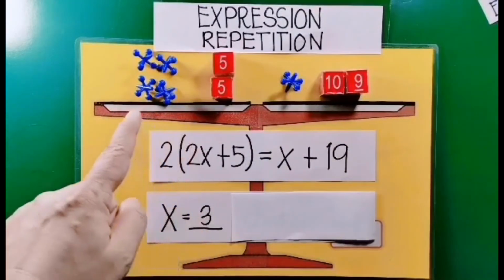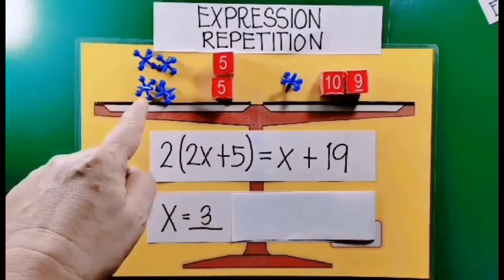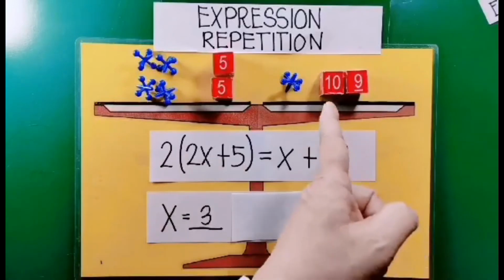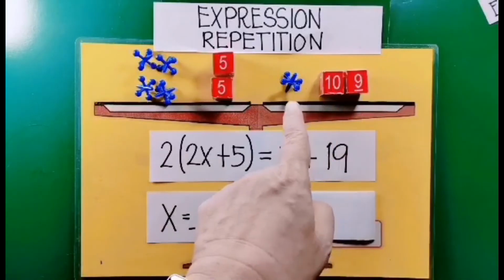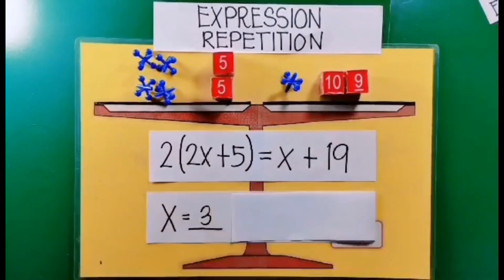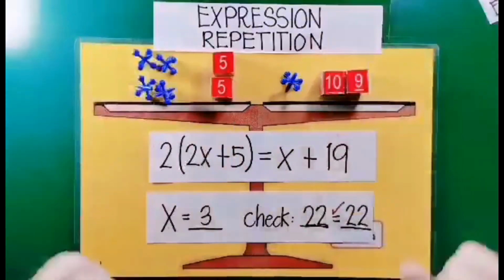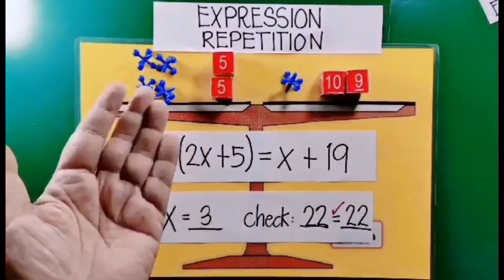So by substitution, 3 times 4 is 12 plus 10, it's 22. On the other side, 3 plus 19 is 22. Therefore, the value of our x is 3 and the value of our equation is 22.